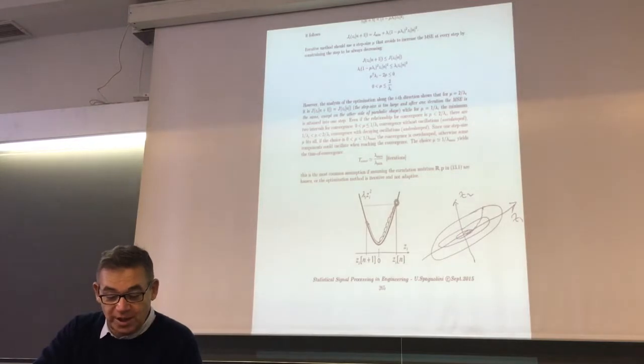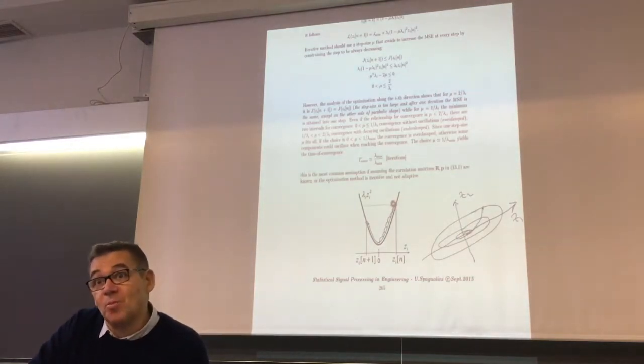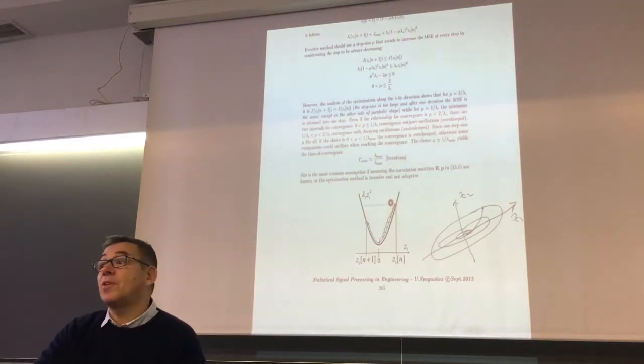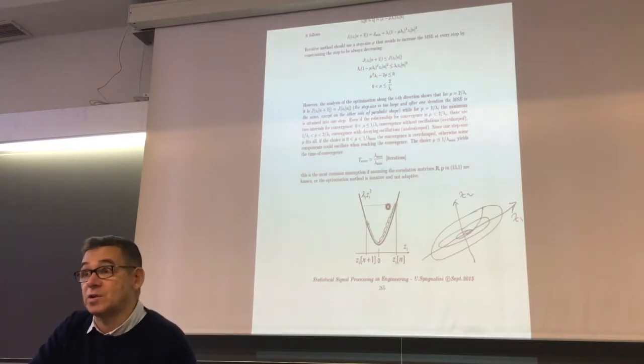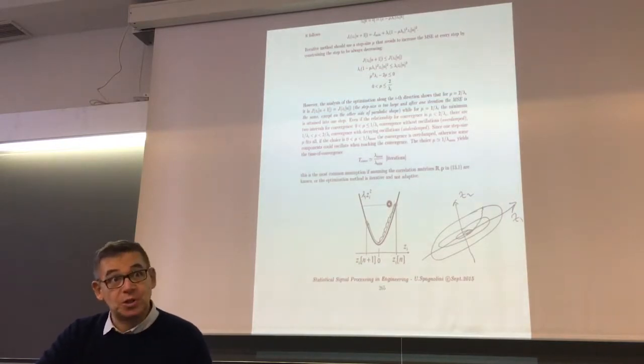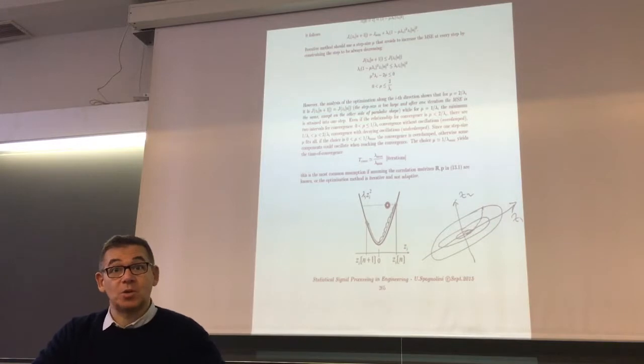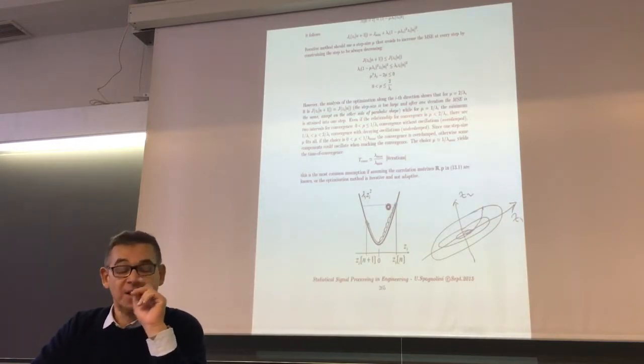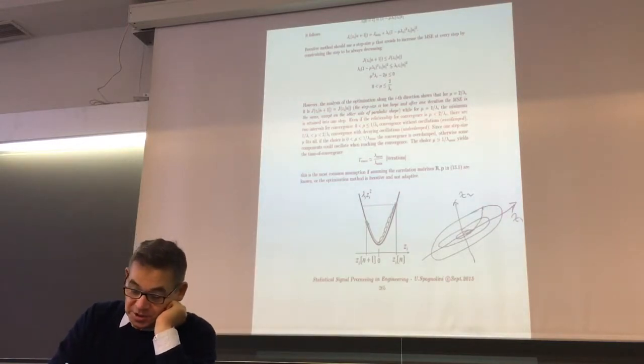To avoid that, the optimum mu that prevents any fluctuations is not 2 divided by lambda max, but 1 divided by lambda max. This condition, mu smaller than 2 over lambda max, is the general one.